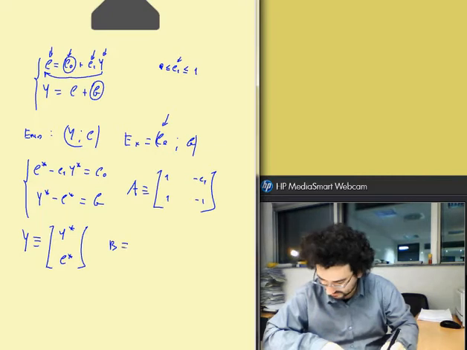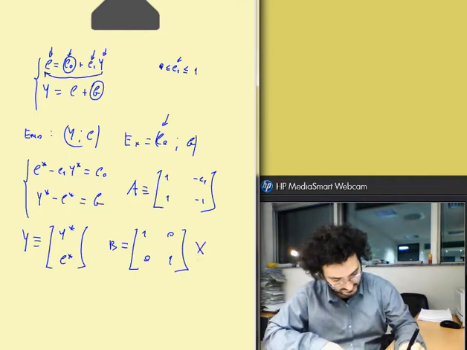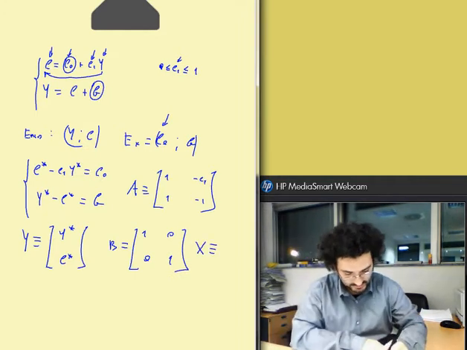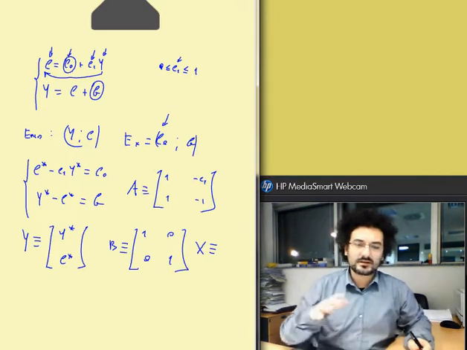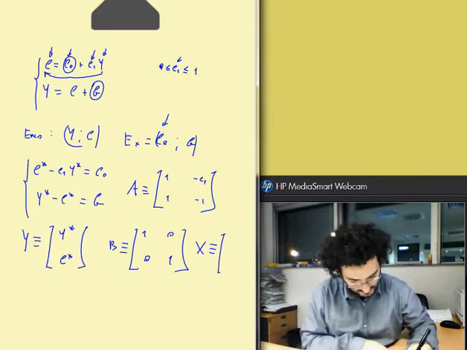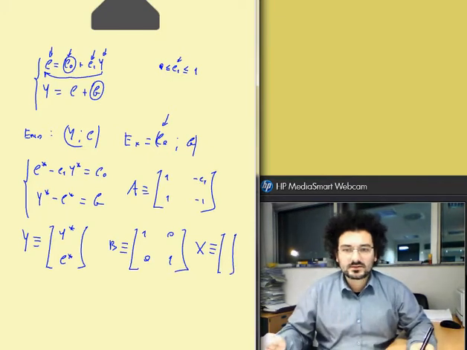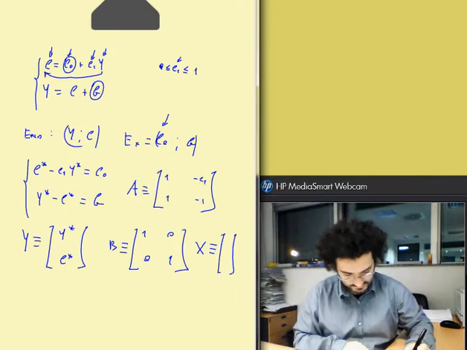Matrix B equal to 1, 0, 0, 1, and the vector of exogenous variables, which is, it's better to put three lines in order to define a matrix or a vector. The vector x is given by the exogenous variables, which are C0 and G.